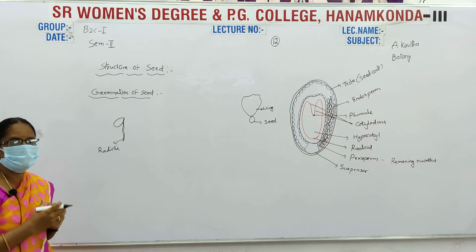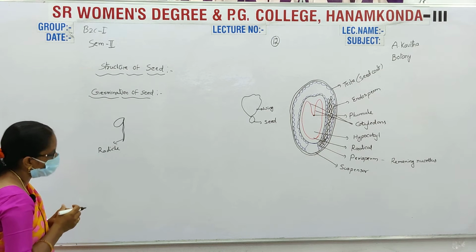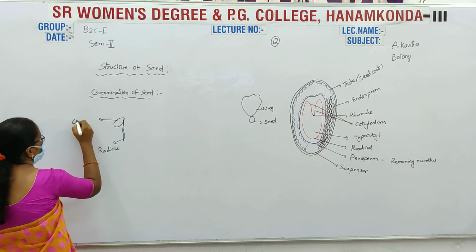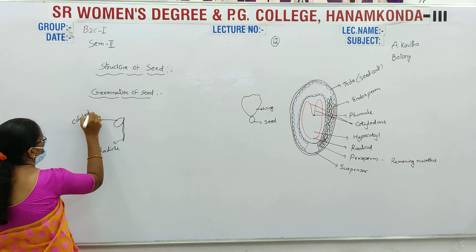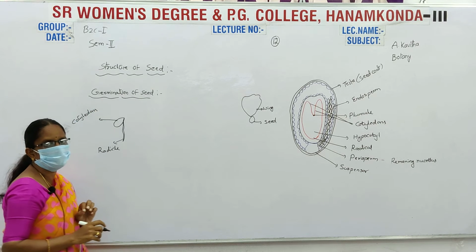This is the radicle. The radicle enters into the soil, and these two are cotyledons.